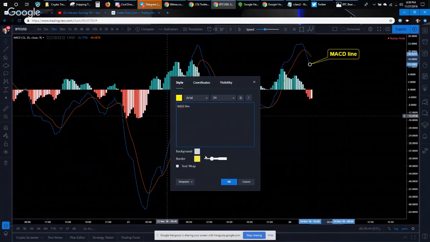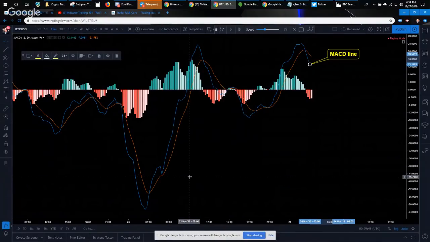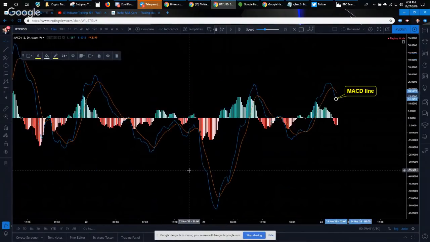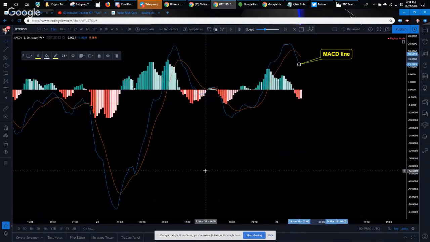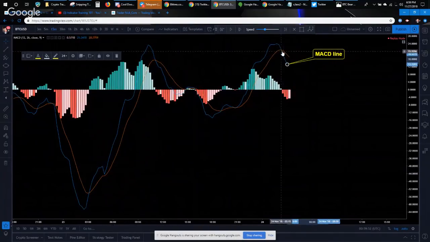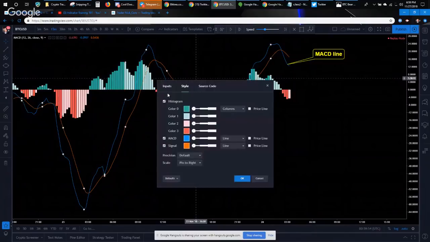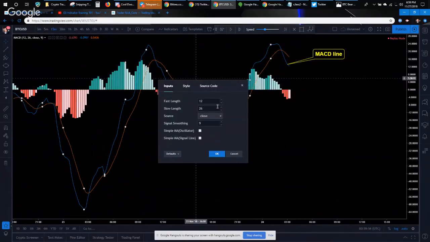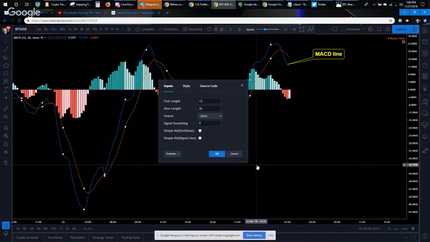So the MACD line is the fastest moving piece of the MACD. That's the line that we want to watch the most for crossovers on our slower moving line. We can adjust these, but generally you want to keep the MACD the same. You can add an oscillator on there, the MACD signal line, but generally I keep it stock.